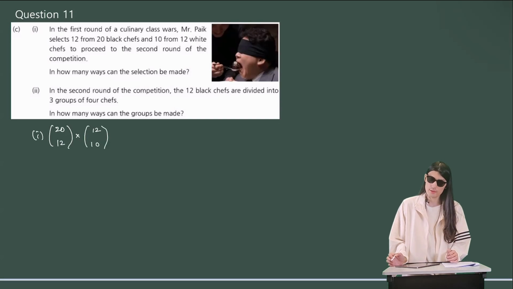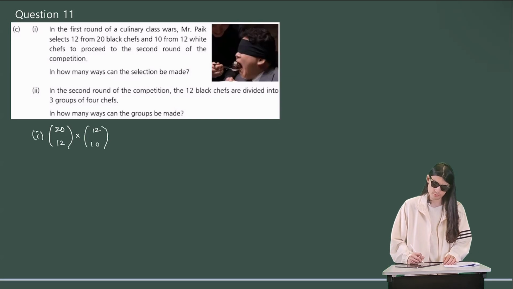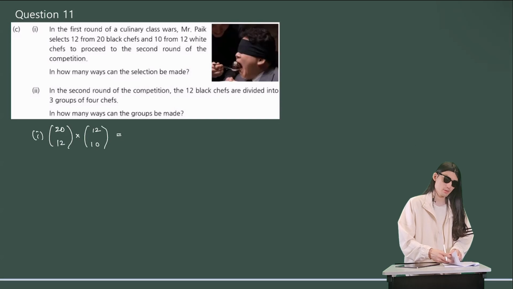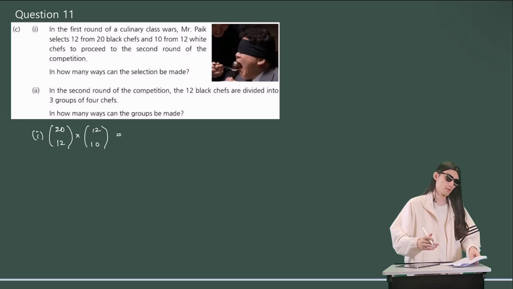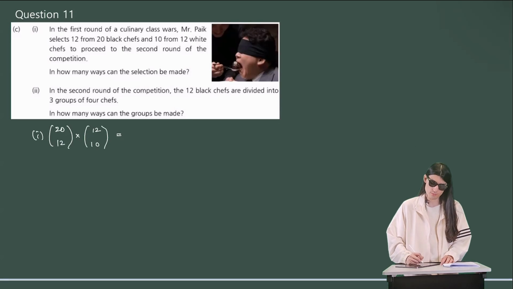Multiply the two, then that's the total number of ways of selecting both the black and the white chefs, which goes into the calculator. The answer is then 8,314,020.